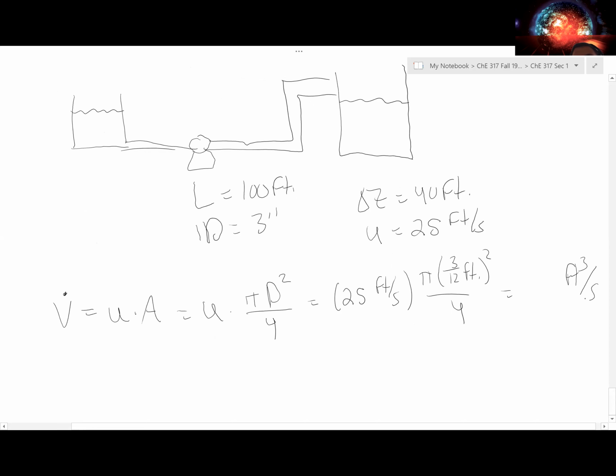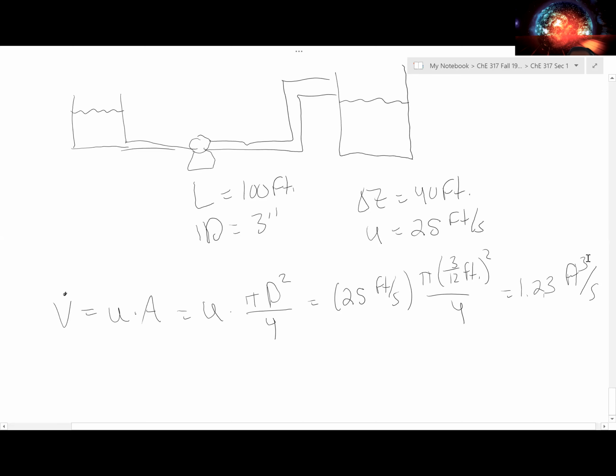So this gives us our volumetric flow rate in cubic feet per second. And I get about 1.23 cubic feet per second, which is actually quite a lot.